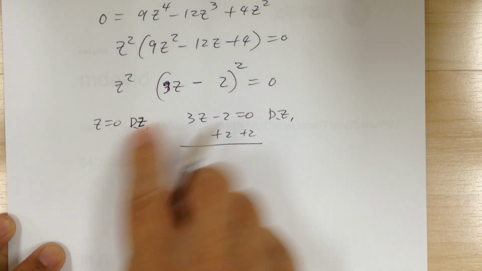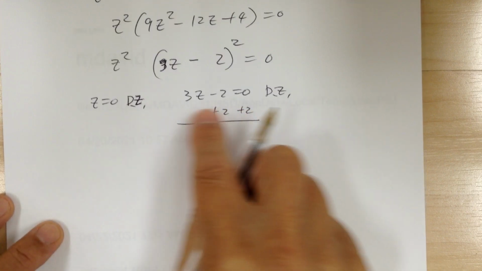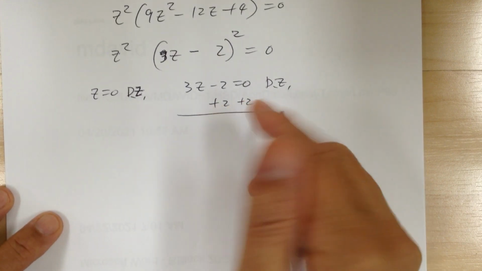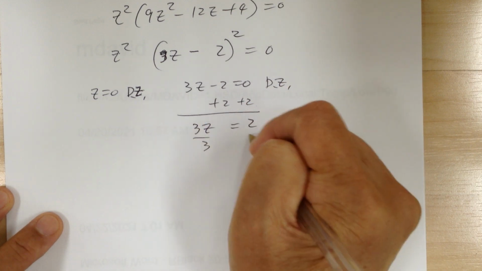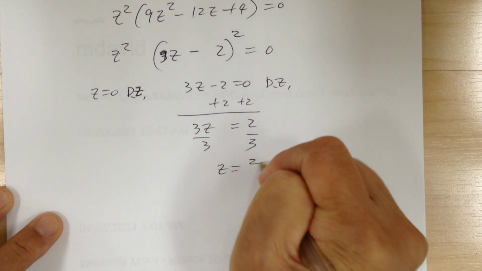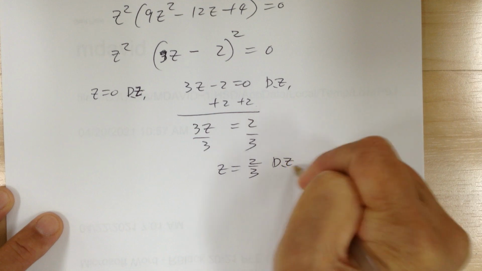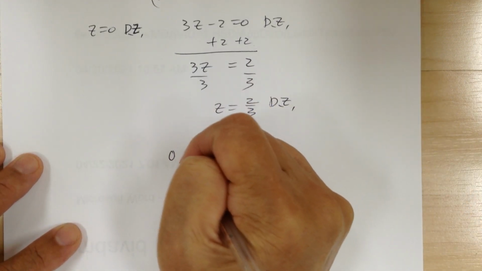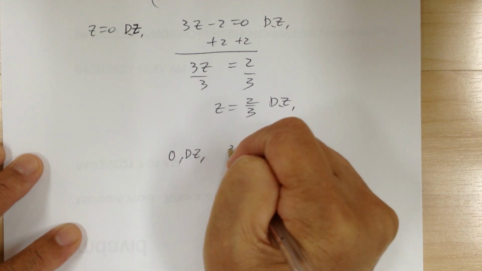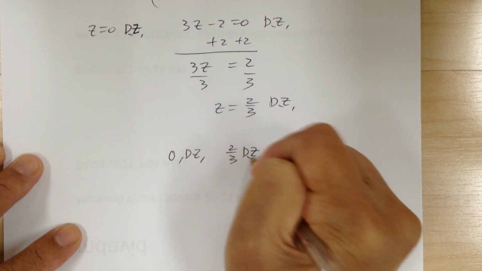So you got 3z equal to 2, divided by 3, divided by 3. So z equal to 2/3, and this is double 0. So you're going to get 0, which is the double 0, and 2/3, double 0.